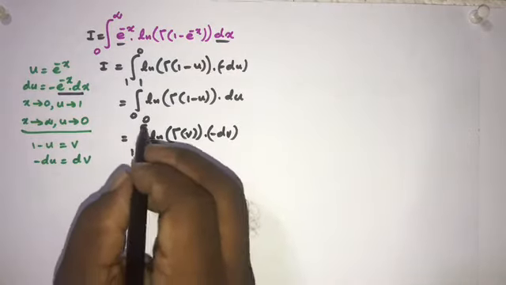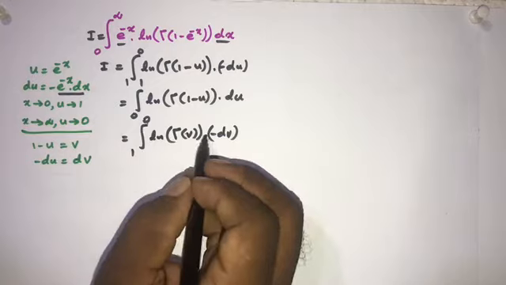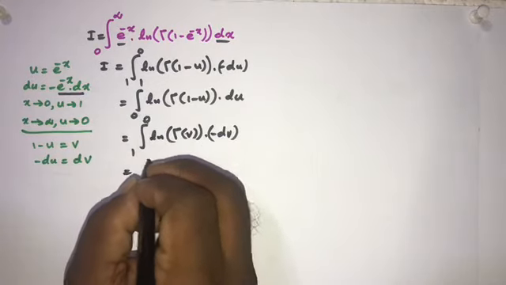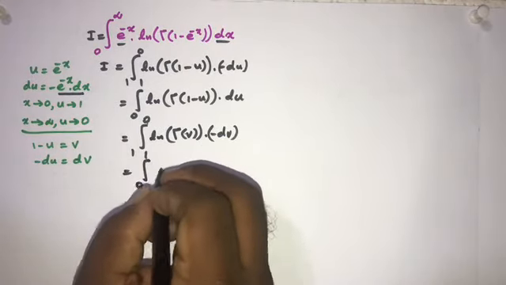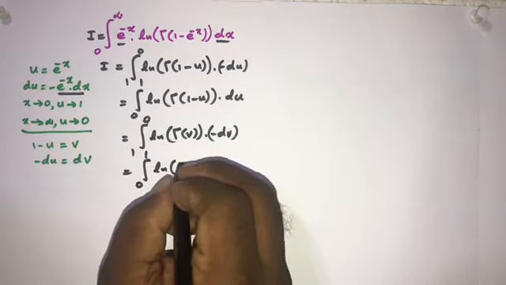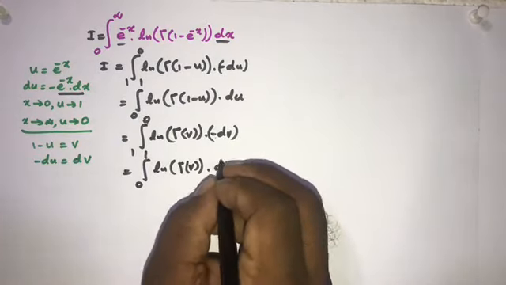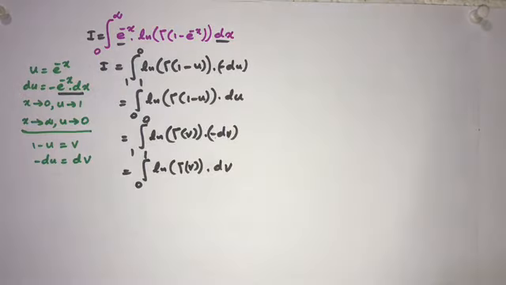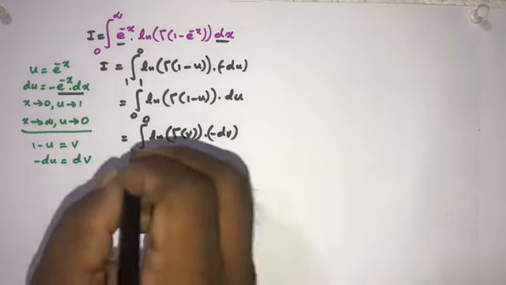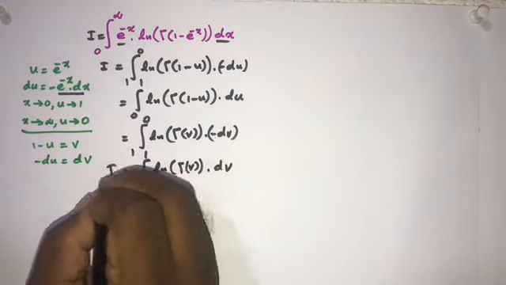Okay, again we can change the lower limit and upper limit, so this is equal to 0 to 1, natural log of gamma of v, and this minus gets cancelled, here dv. Okay, now we know this is also equal to I.